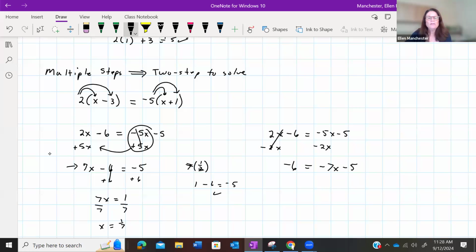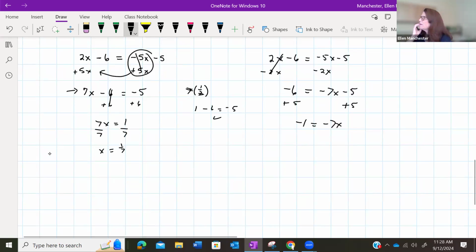But if you notice, I have my 7x on the left. This is my -7x on the right. It's still a two-step equation, right? I'm still going to add before I divide. But then which one am I going to divide by? The 7 or the 1? Right. And why is that?